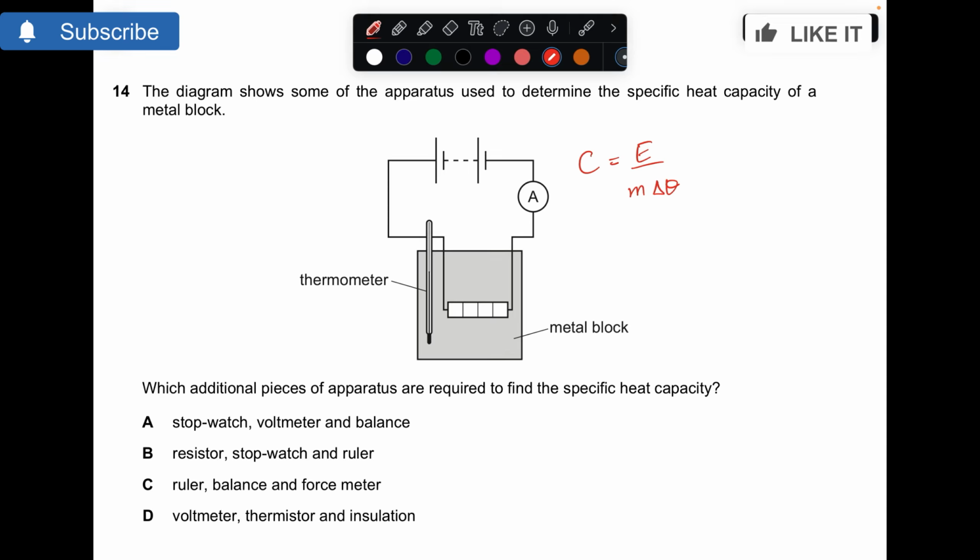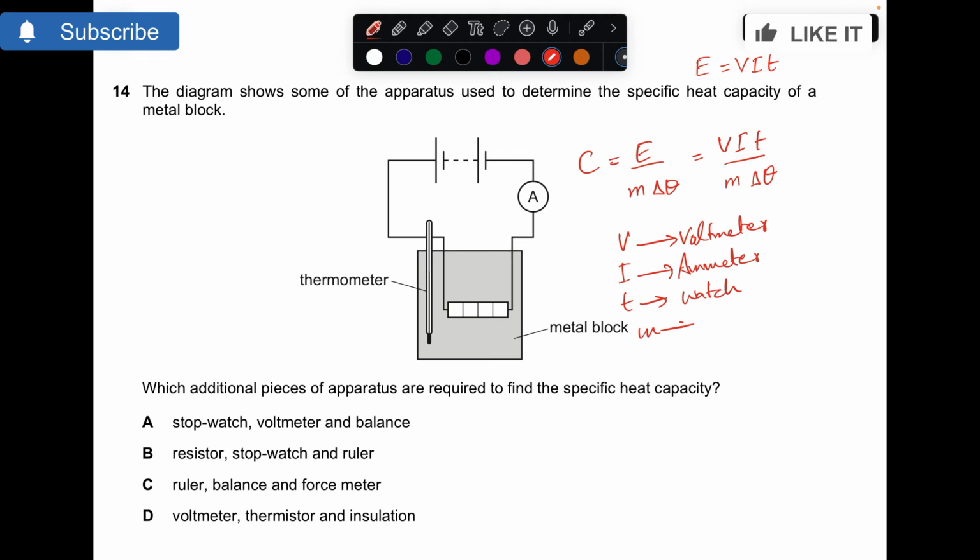But you can't find the energy directly. Energy for the electrical circuit is VIT. So this will be VIT divided by M delta theta. For V you need a voltmeter, for I you need an ammeter, for T you need a stopwatch, for M you need a balance, and for delta theta you need a thermometer.